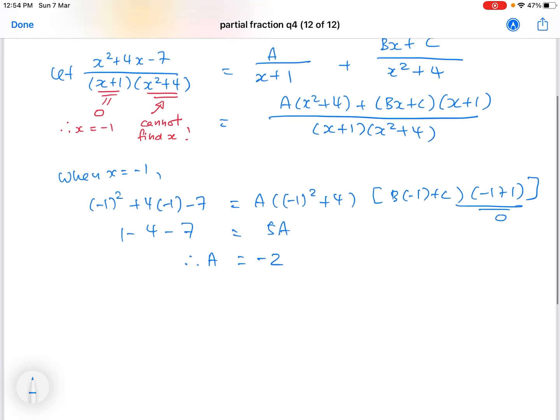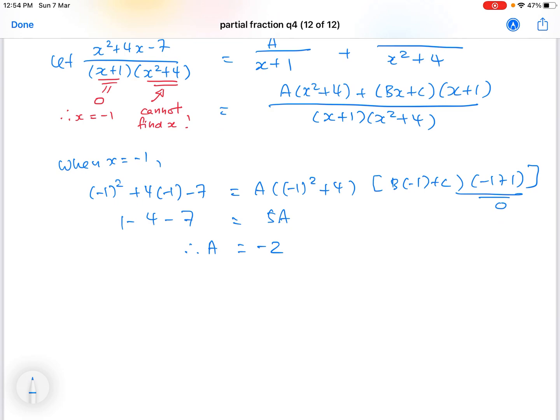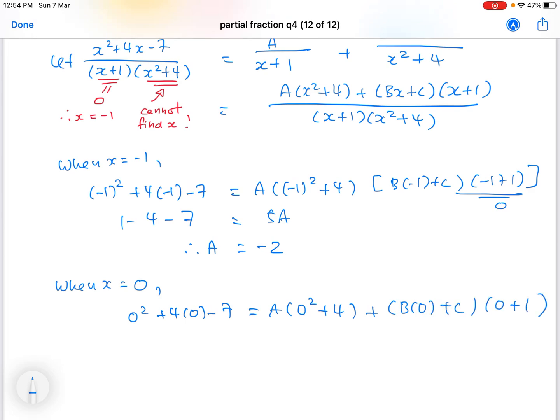We can substitute x by any value. So let's substitute x by 0. When it's 0, we replace the x by 0. So we will have 0 squared plus 4, plus B times 0 plus C, times 0 plus 1.